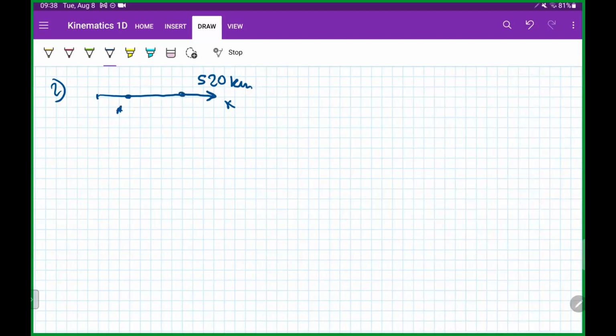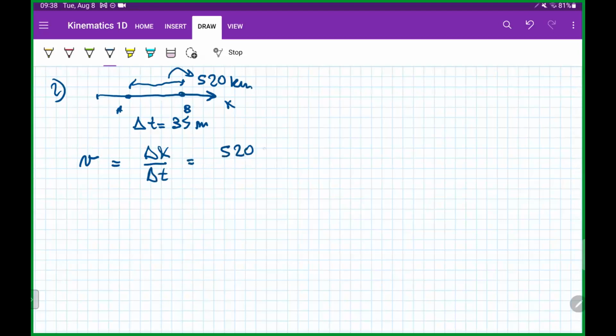So let's say it goes from A to B. The displacement is that 520 kilometers over a span of time, which is 35 minutes. And it's asking us to calculate the average velocity. To economize writing, it's just v. So this is going to be delta x over delta t, and if we write this, it's going to be 520 kilometers over 35 minutes.